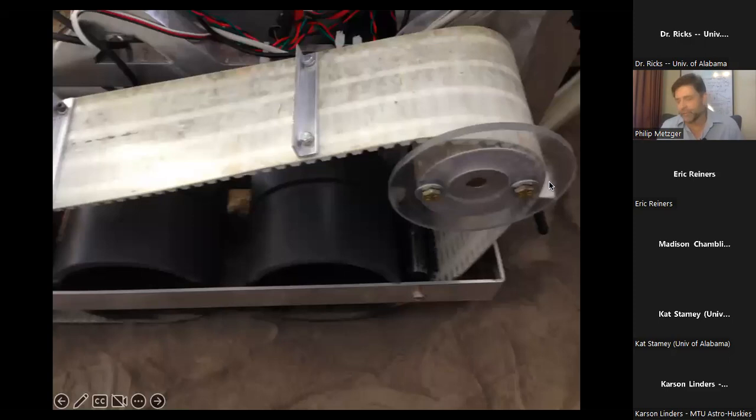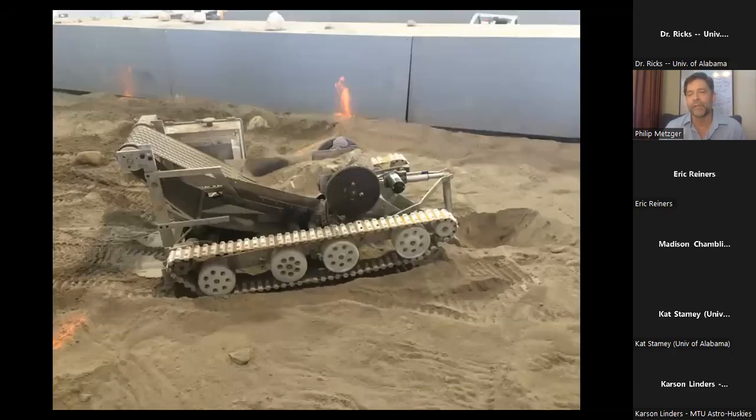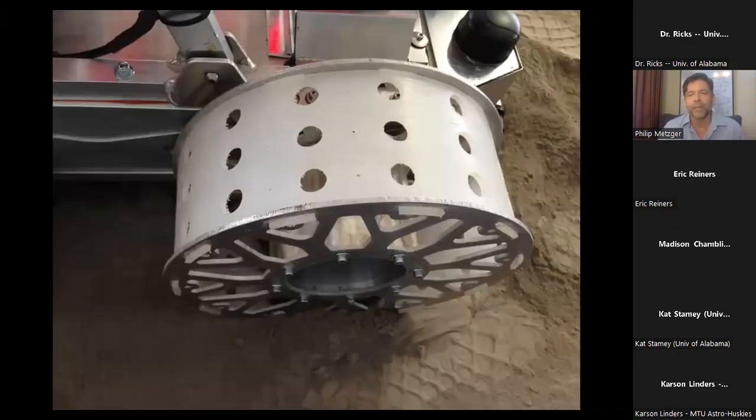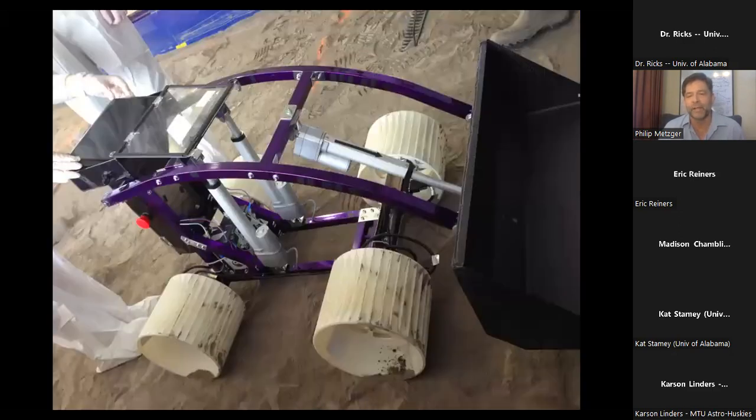But you see, there's different examples of different kinds of track systems with the drive wheel above the surface. Just more examples of different kinds of treads.